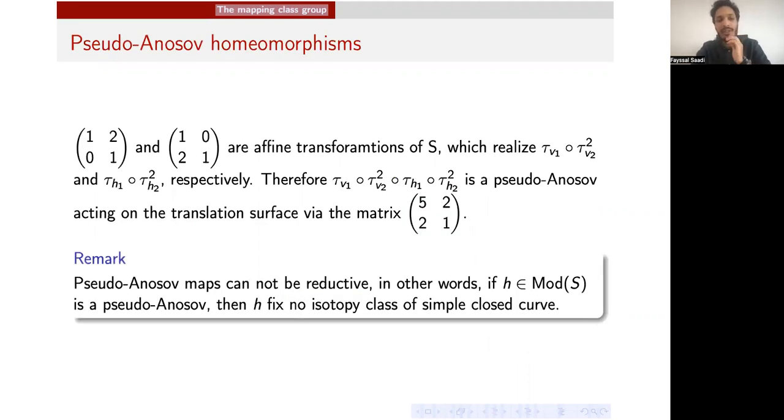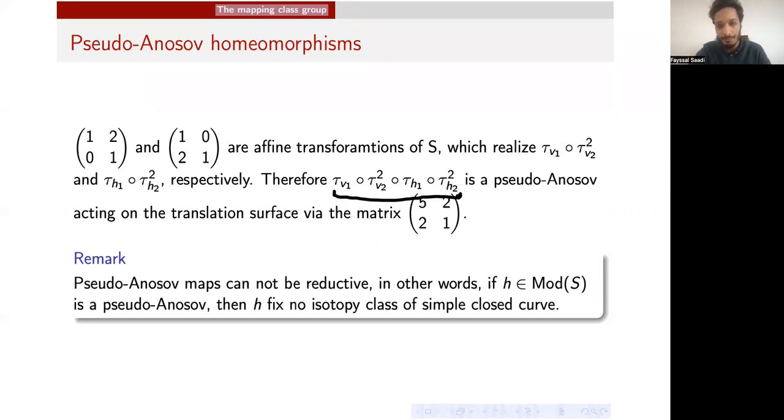So we can see that these matrices are affine transformations on S that realize exactly this composition of Dehn twists. If you take the composition of the two homeomorphisms here, you get a pseudo-Anosov, because if you compose the matrices, you get a hyperbolic matrix. And this agrees exactly with the definition of pseudo-Anosov.